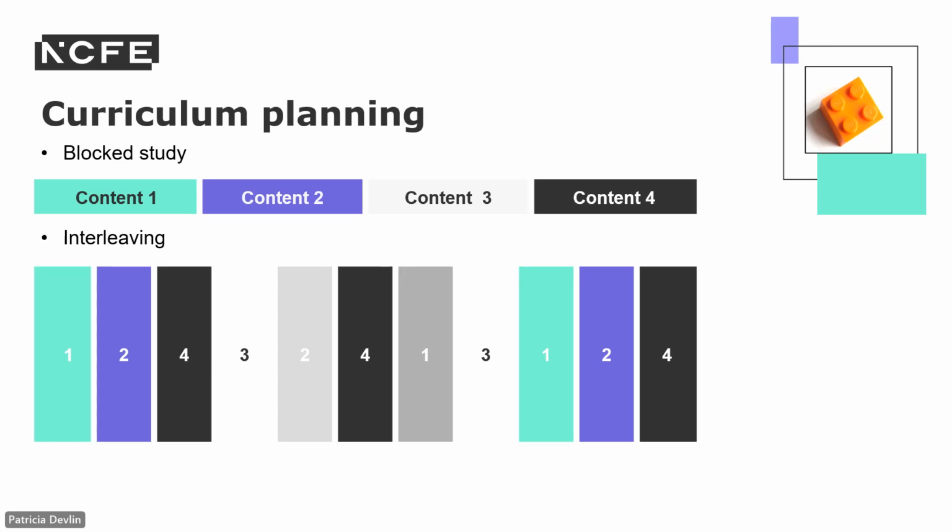So interleaving refers to mixing up subjects and topics, or in this case content areas, instead of blocking them together. This helps students make the connections and leads to benefits in the transfer of learner skills.